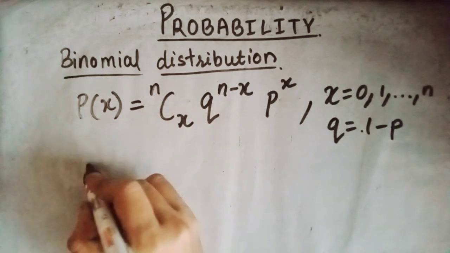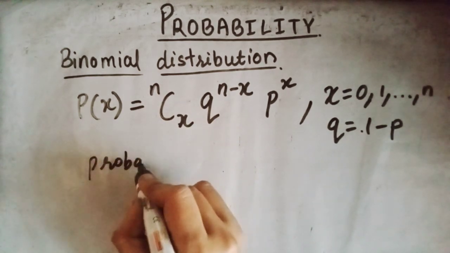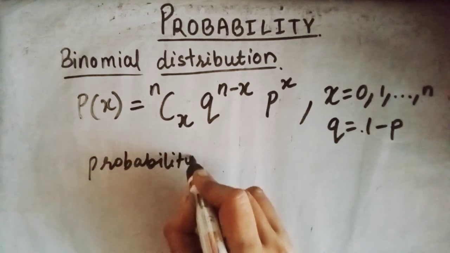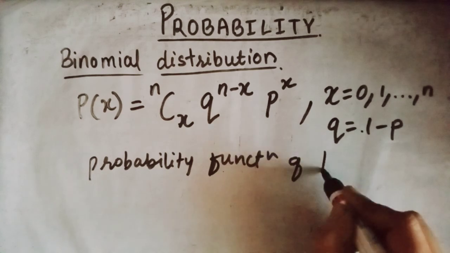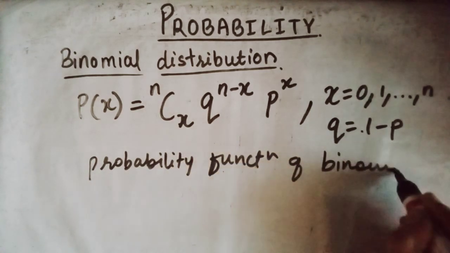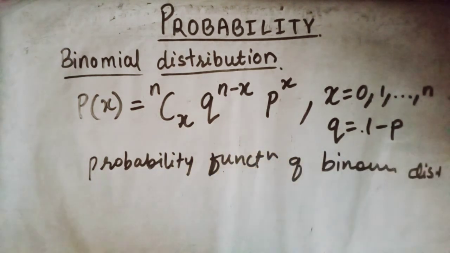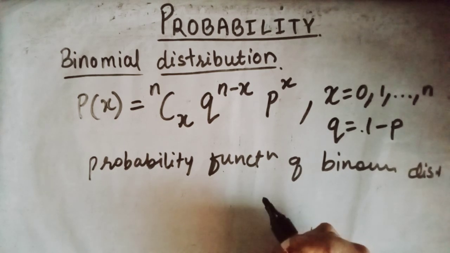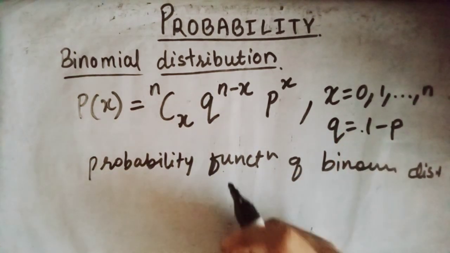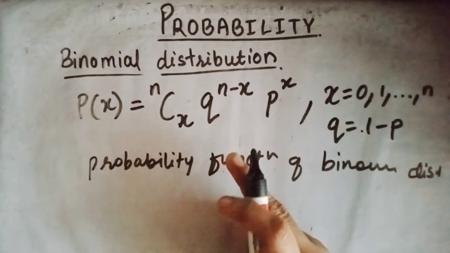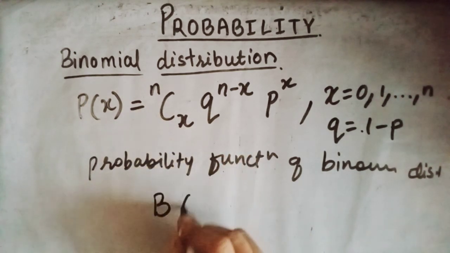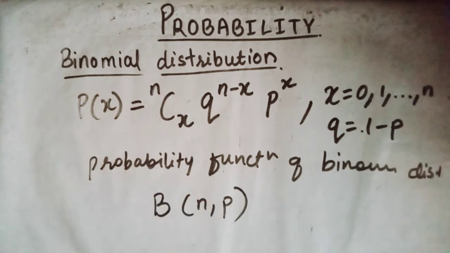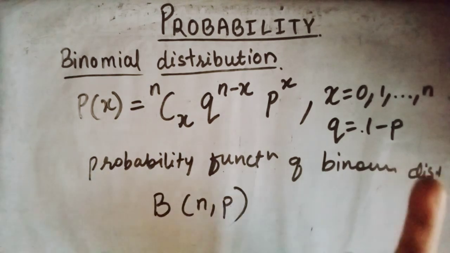So a binomial distribution with n Bernoulli trials, and probability of success in each trial as p, is denoted by b(n, p). Here n is the number of trials and p is the probability of success.